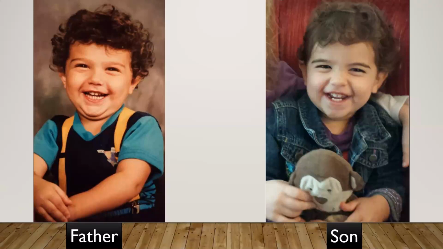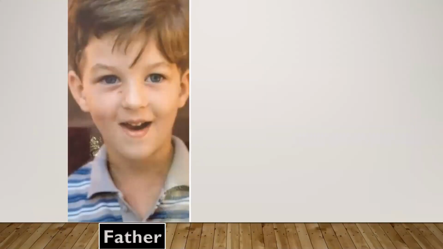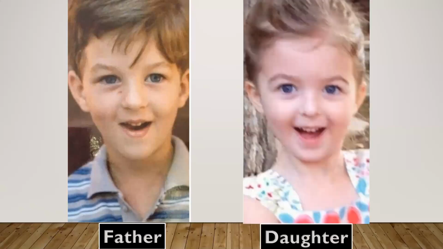Okay, now I'll take you to the second image, where the first image is of a father and the second is of the daughter. Now here at least the genders are the same, correct? Let's have a look at the second image. The first image is of the father and the second image on the right hand side is of his own daughter. What's the first reaction?